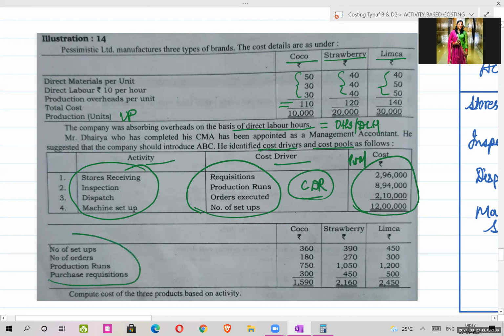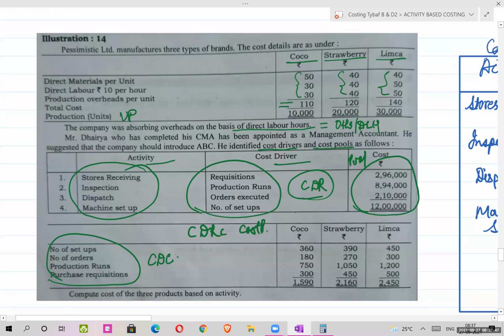This information will help me to calculate my cost driver capacity, because what is the formula of cost driver rate? It is cost pool divided by cost driver capacity. I have the cost pool, so I have the numerator, and the denominator I will get from this information.